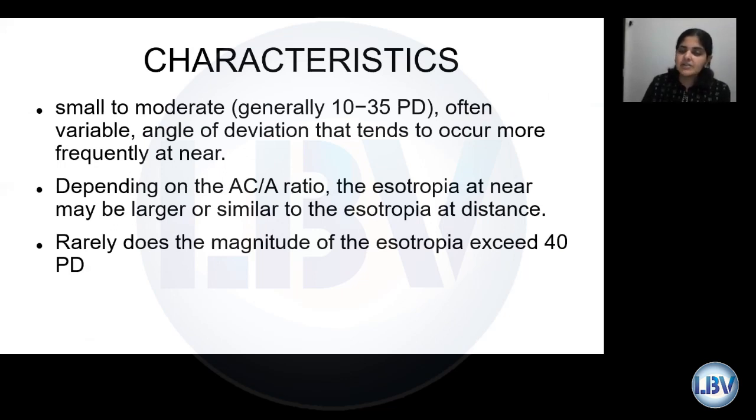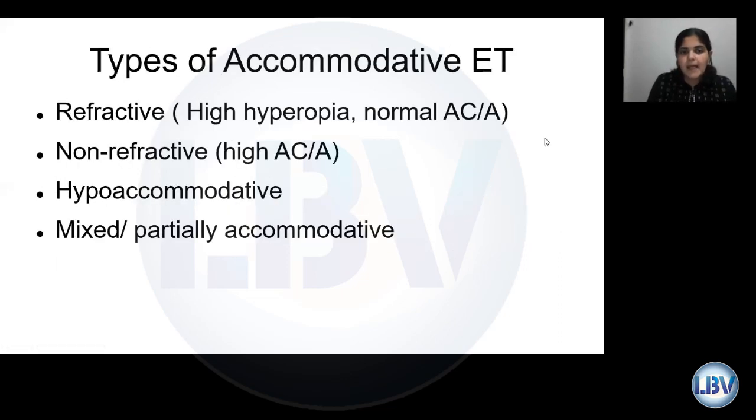The amount of tropia is generally about 10 to 35 prism diopters. It is moderate, and the angle generally tends to vary, and it is more at near. Depending on the esotropia, the esotropia at near might be larger than that found at distance. And the types of accommodative esotropia that we usually see, I'm just talking of the comitant variant here.